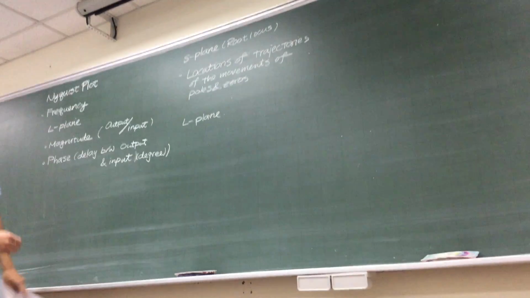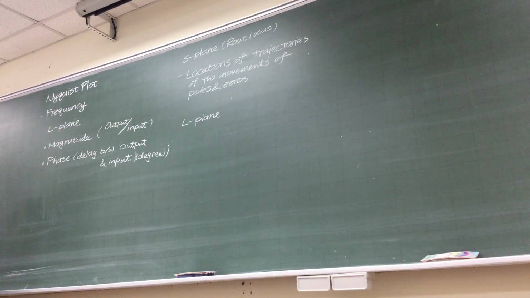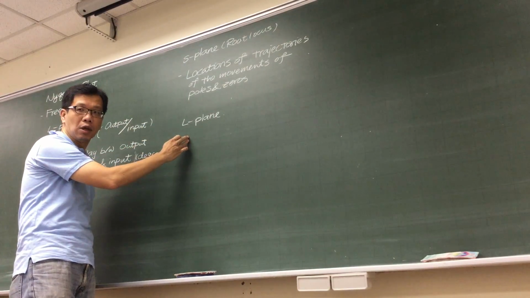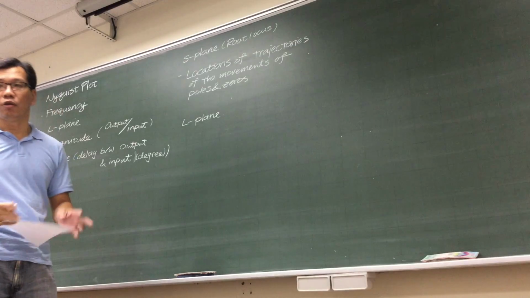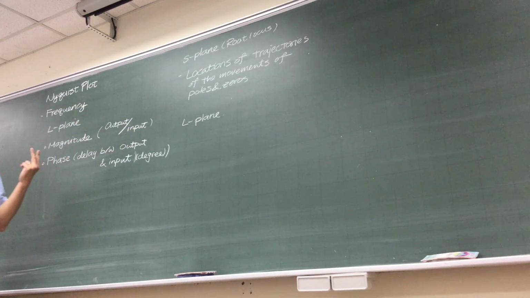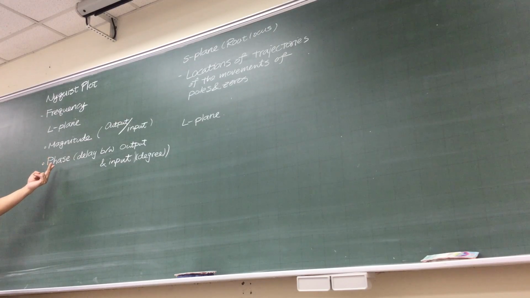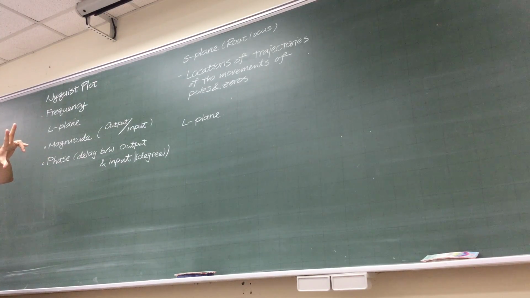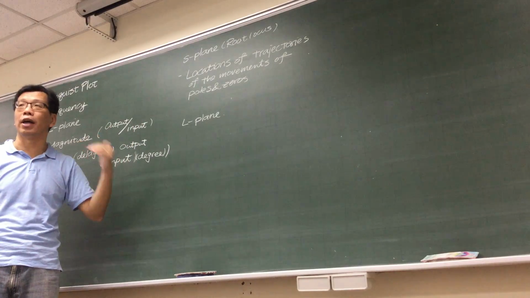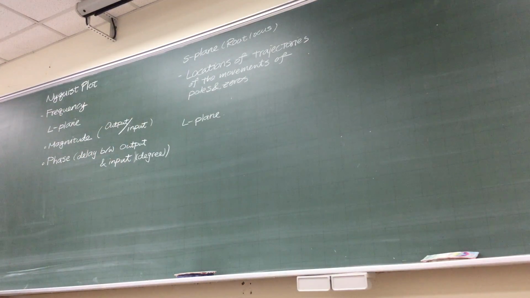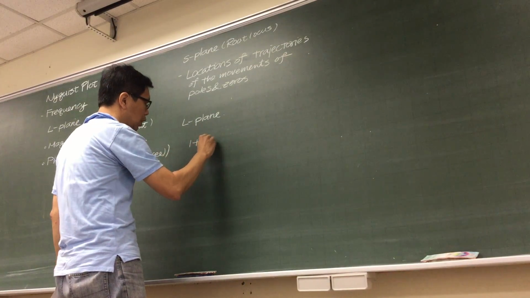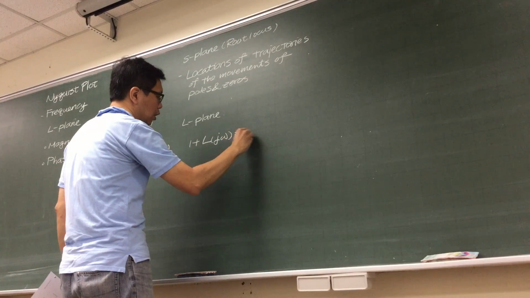So in this part, in particular for the Nyquist plot, we are trying to represent Bode plot in the L plane. So we are not using two plots anymore, because when we are using Bode, we need to separate the magnitude and the phase into two different plots. But when we are talking about Nyquist, they are actually together. So that's the reason when we are talking about this part, we are using this one.